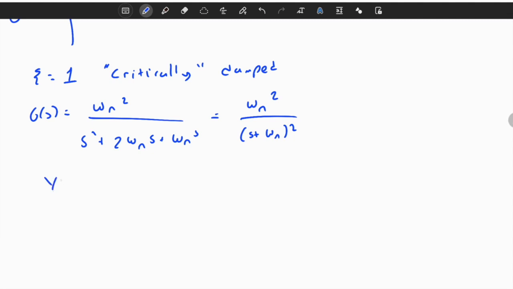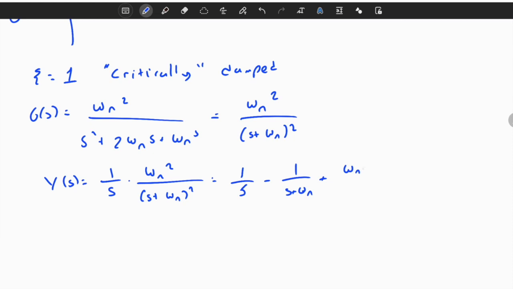Y of s is equal to 1 over s times omega n squared divided by (s plus omega n) squared. If I apply the partial fraction expansion, since I have a repeated root, it will look like this: 1 over s, minus 1 over s plus omega n, minus omega n divided by (s plus omega n) squared. We computed the partial fraction expansion.